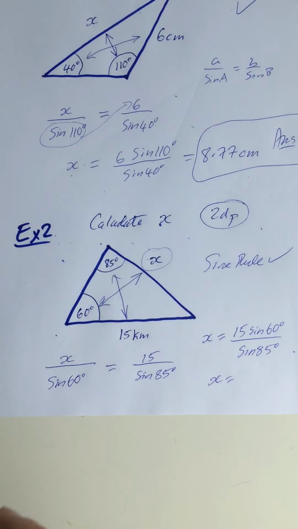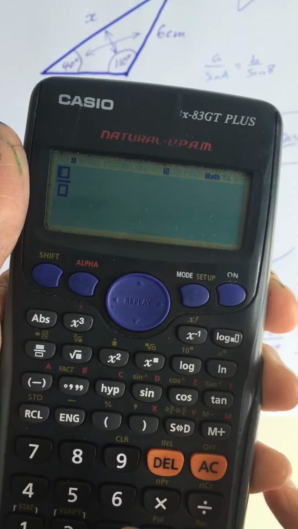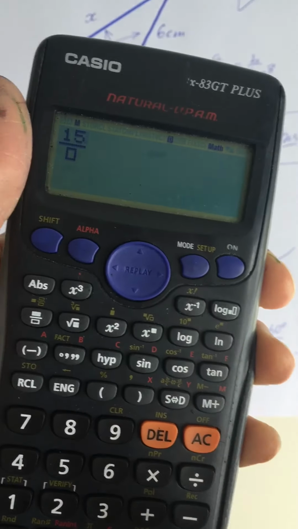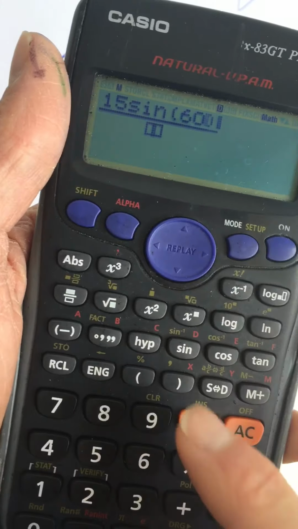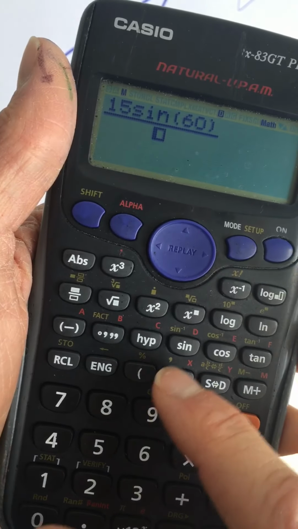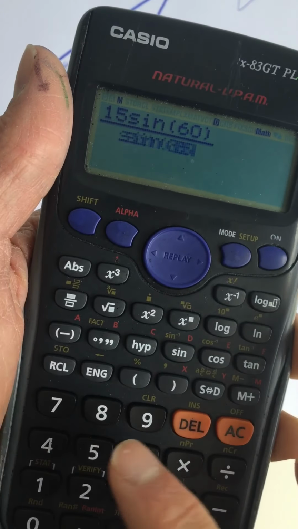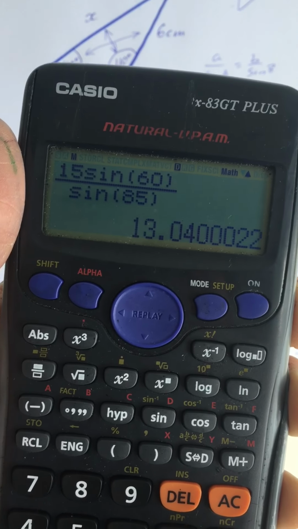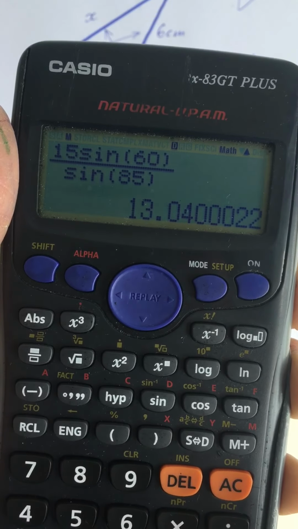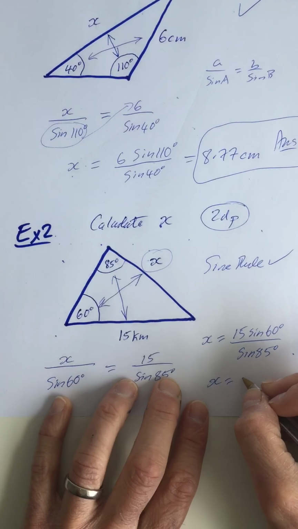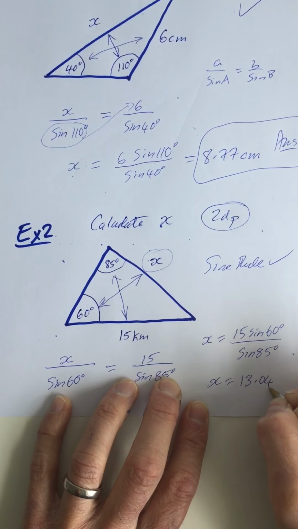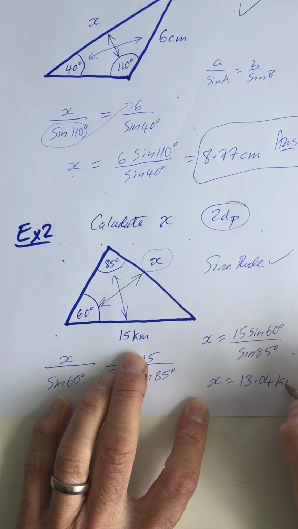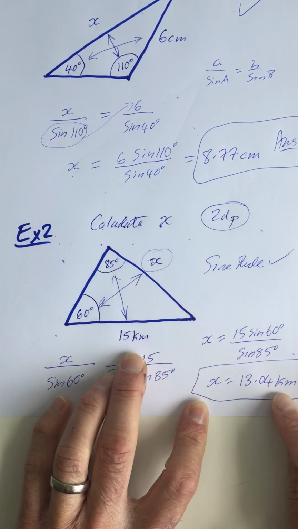So fraction key, 15 sine 60, close bracket, arrow down, sine 85, close bracket, double check, press equals. They want it to 2 decimal places, 13.04 is the answer. So 13.04, and my units are kilometers in this particular question.